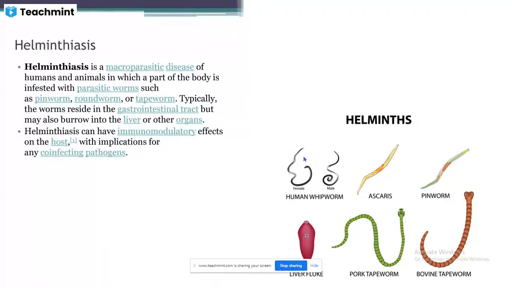So these are caused due to polluted water or contaminated water or infected water. Sometimes they enter through meat and the parasites also. They enter in the form of larvae, and the size of that larva is very small. Sometimes we cannot see it. Okay, so these are the helminthiasis, and the drugs used to control this are the anti-helminthic drugs.